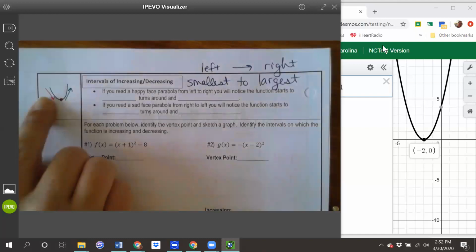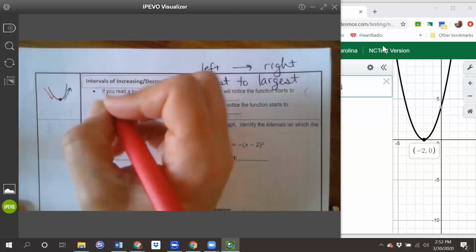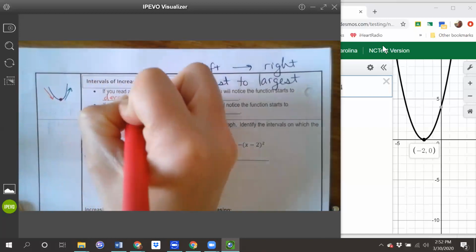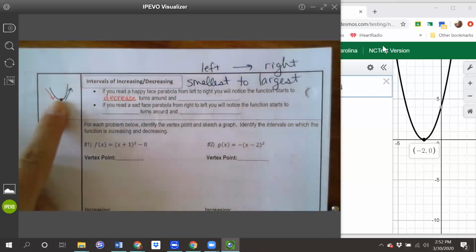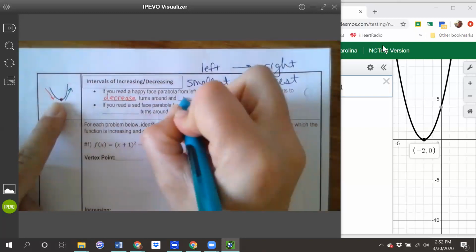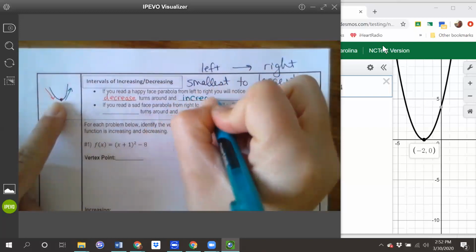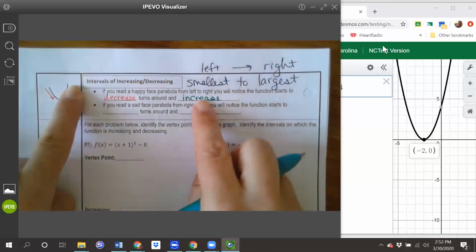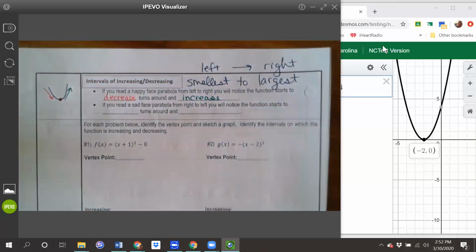So if we're reading a smile, then we are going to start with a decreasing function. Then we hit the vertex and it changes to an increasing function. So decrease means that you are heading down and increase means that you are heading up.